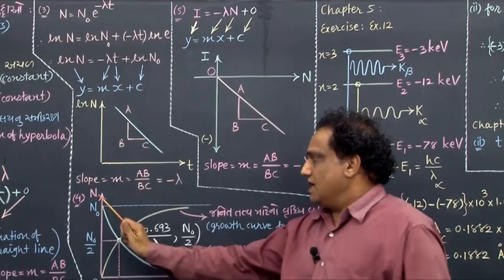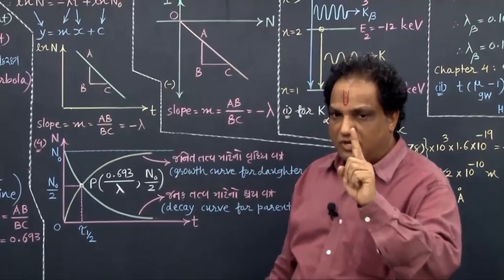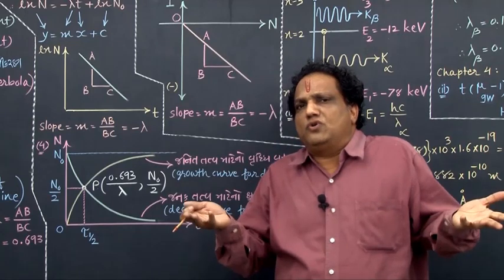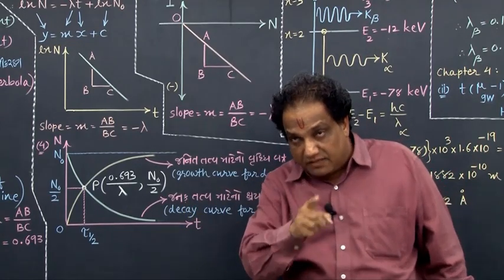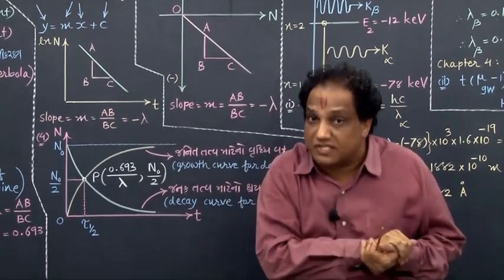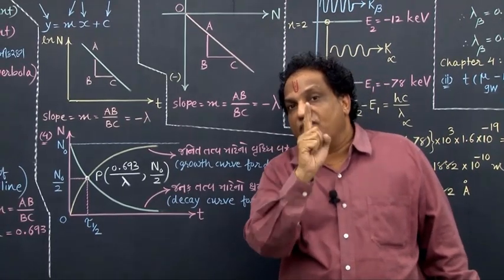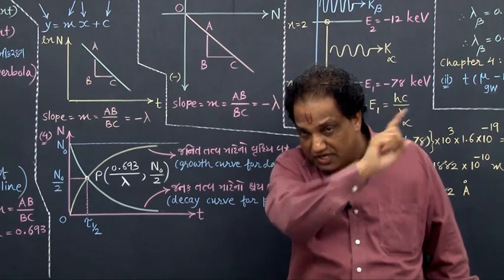Fine. Now, let us plot two curves, one for the parent element, another for the daughter element. You know, in a radioactive element, as time passes on, for the parent element the number of undisintegrated atoms goes on decreasing exponentially, and for the daughter element the number of atoms goes on increasing exponentially.